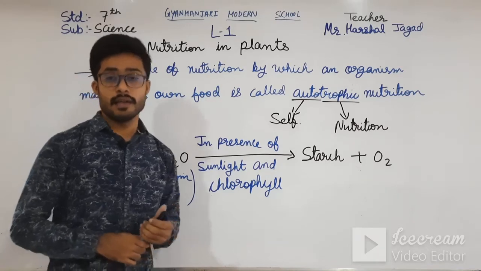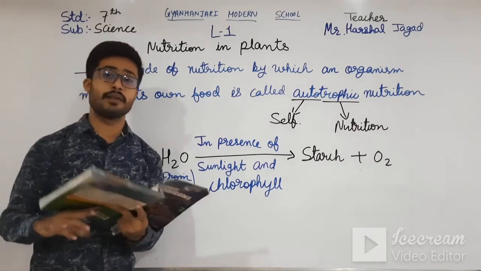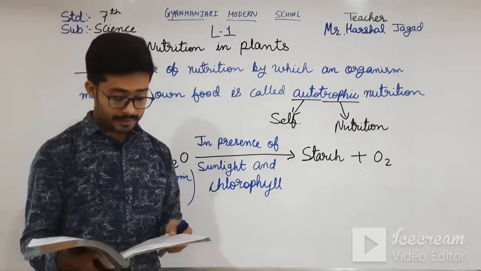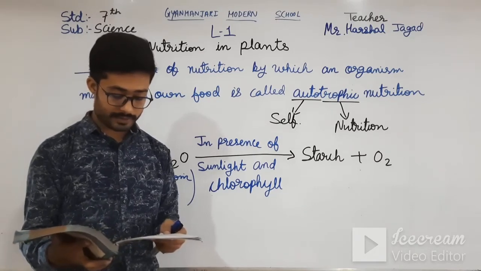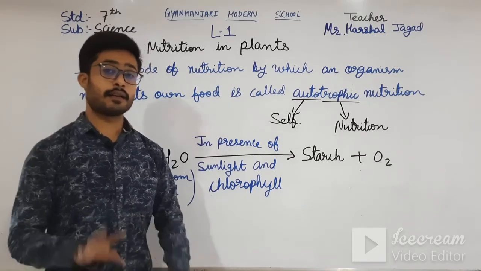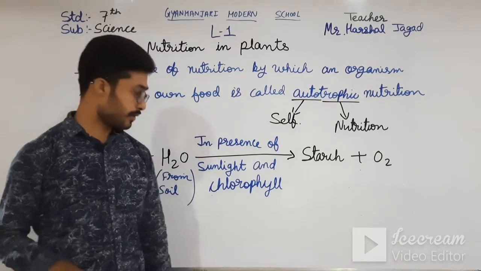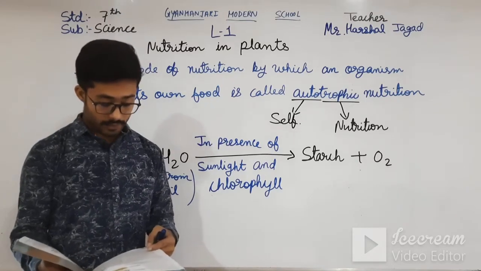Okay students, next, the conditions necessary for photosynthesis. Which conditions are necessary for photosynthesis? There are 4 general conditions that need to be met for photosynthesis. Okay students, what is the first condition? Let us discuss that: chlorophyll.